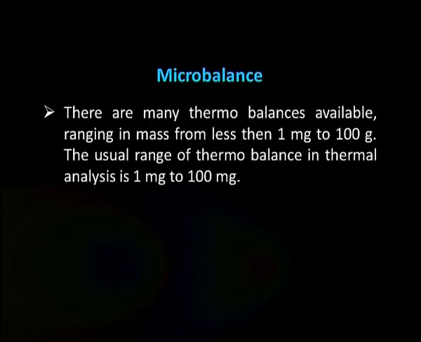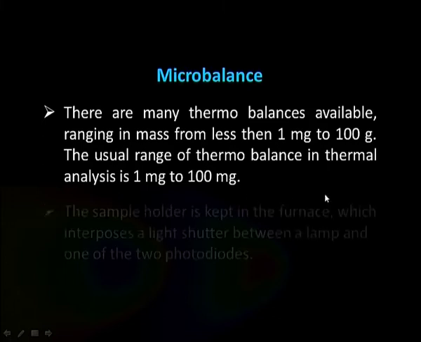The first one is the microbalance. There are many thermobalances available which range in mass from less than 1 milligram to 100 gram. The usual range of thermobalance in thermal analysis is preferred between 1 milligram and 100 milligram.